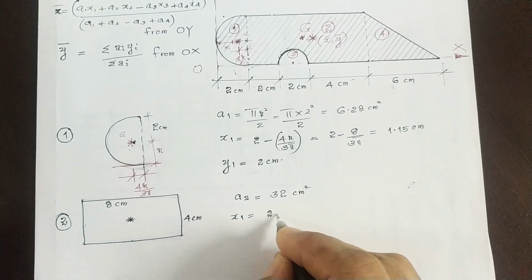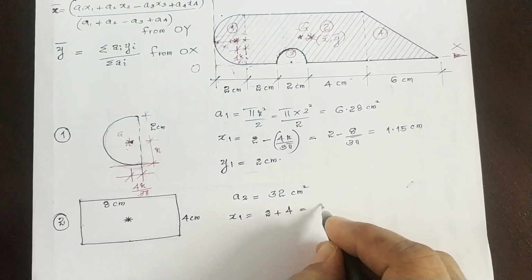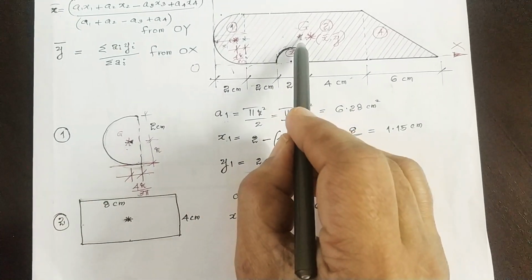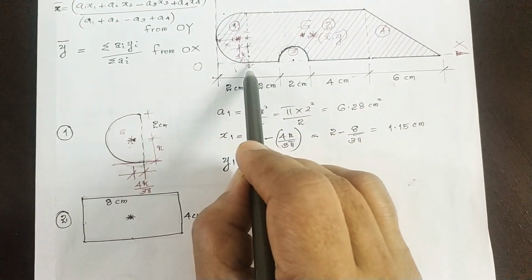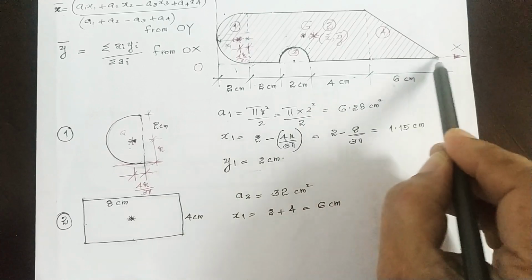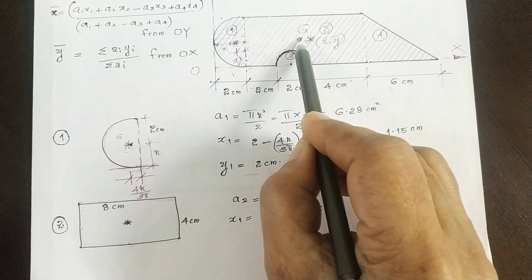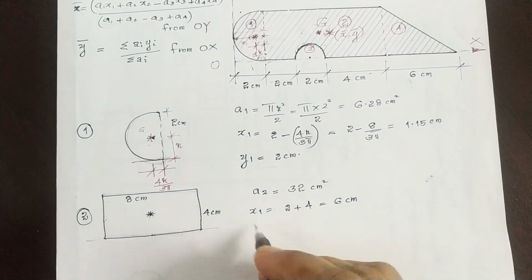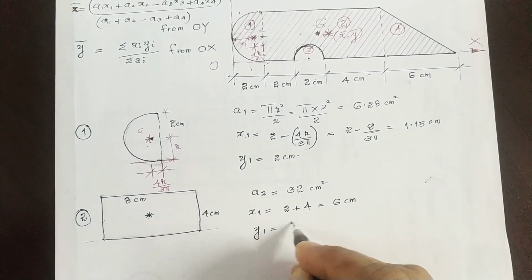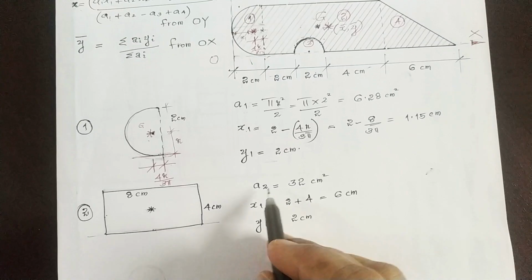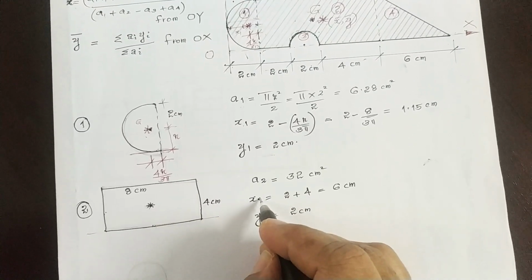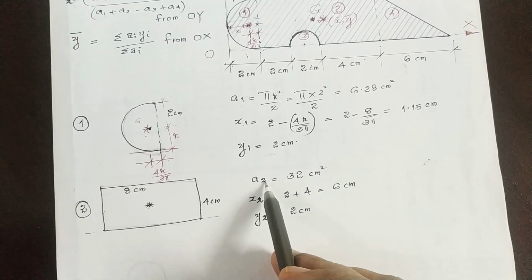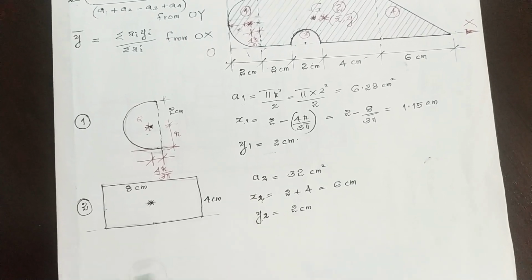So it is 2 plus 4 is equal to 6 centimeter from the reference axis. Similarly, the centroidal y distance is from this bottommost reference axis till the centroid, and this was the same bottommost axis, so it is 2 centimeter. y2 is 2 centimeter. Clear? So we have found A2, x2 as well as y2.